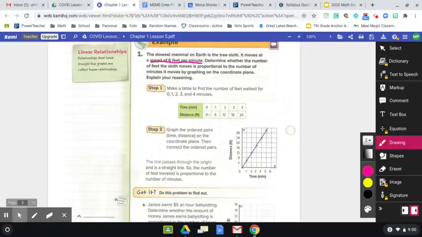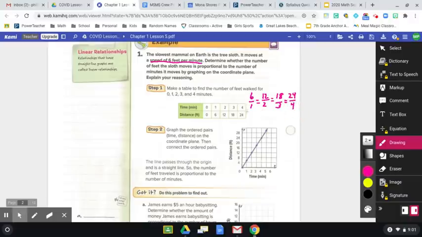So if you notice, this has a unit rate or a pattern of 6 going through. So remember the way we checked that in the previous lesson was we just looked at those ratios. I'm just taking these right out of the table and I'm determining if they're equivalent to each other. Okay, so here they all are.